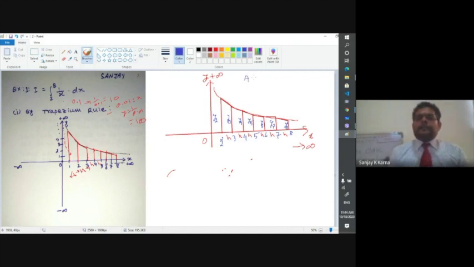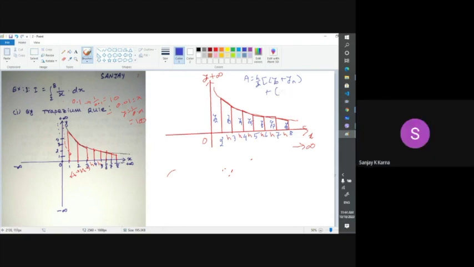So the area in this case in general is h by 2. The first and last terms have only one value, so y0 plus yn in general, and then plus 2 times of y1 plus y2 plus dot dot dot up to yn minus 1.